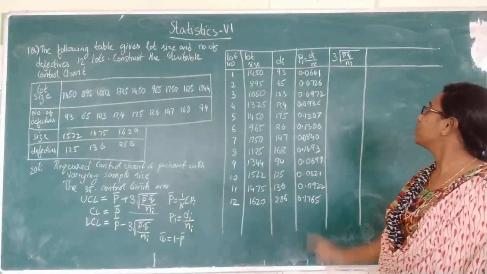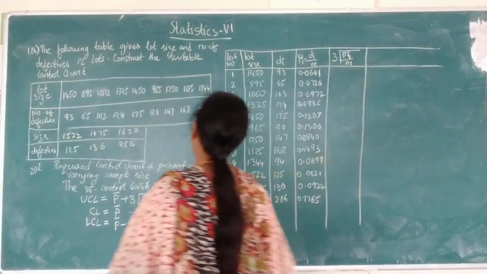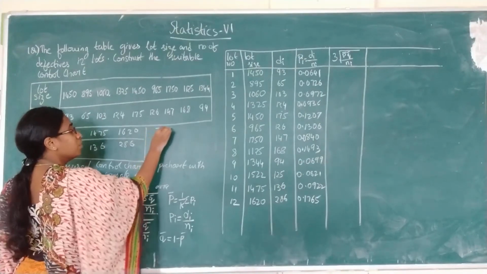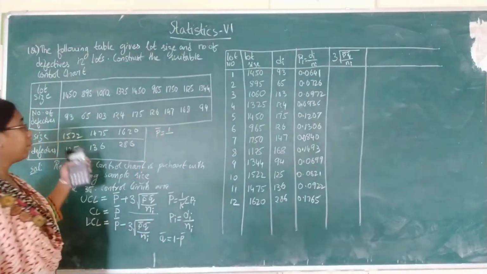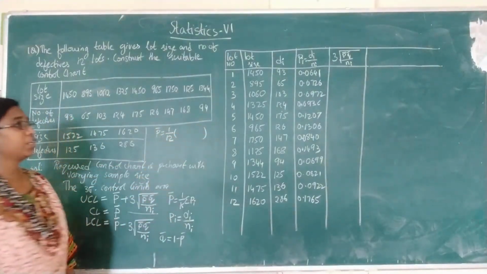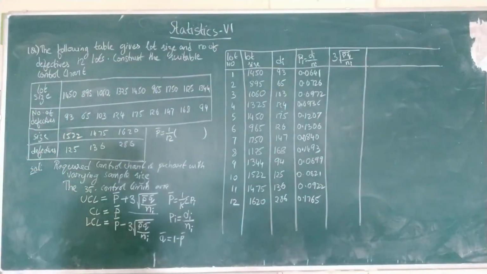For that, first you want the P bar value, right? So calculate P bar. P bar equals 1 by K, where K means the total number of samples, that is 1 by 12 into the summation of Pi.